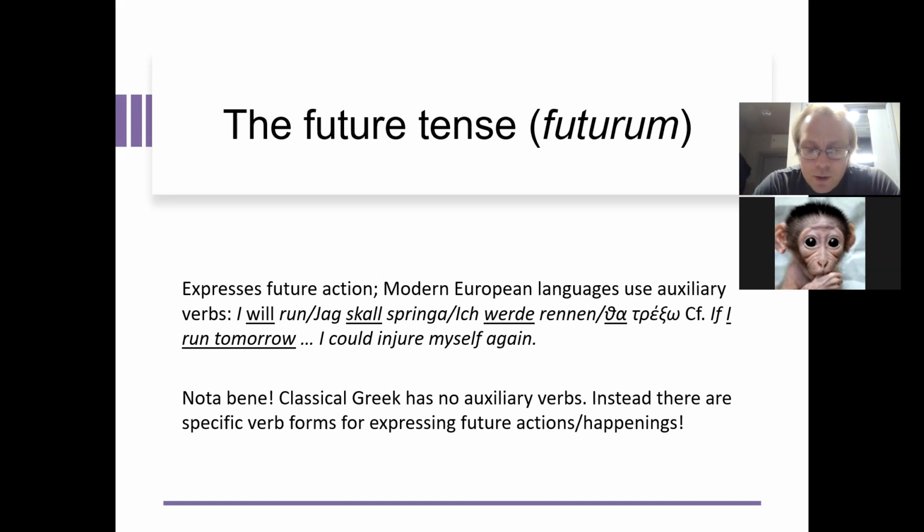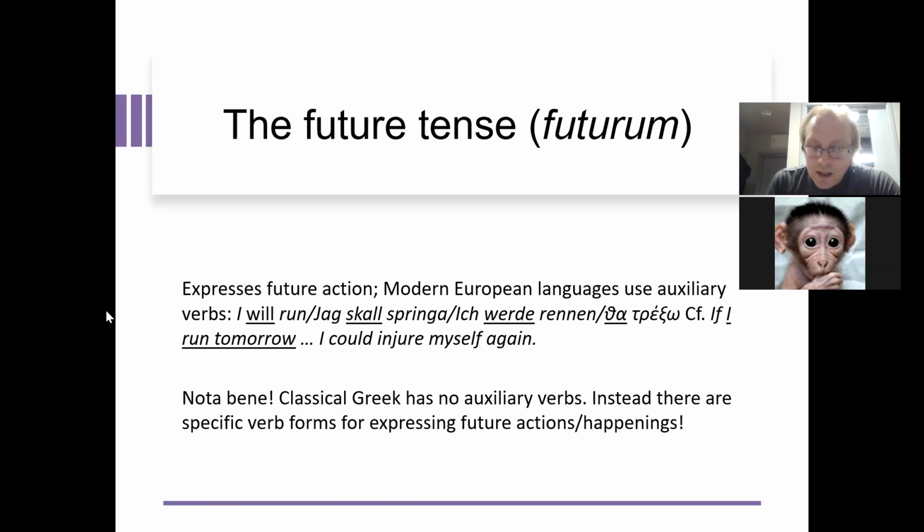Of course, we can also use the present tense to express future action. If we add a specific adverb of time to make it clear that the action will take place in the future. Like, for instance, in the sentence, if I run tomorrow, I could injure myself again.